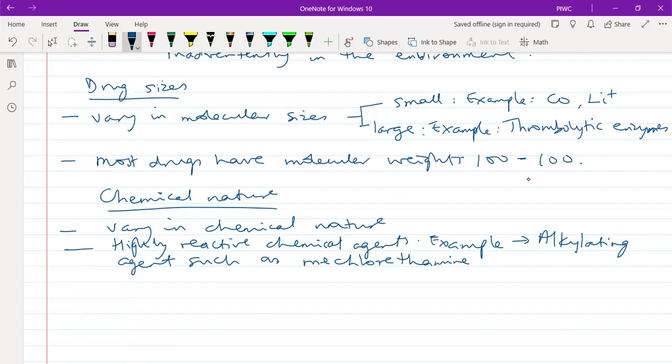And we could also have those that are inert. Okay? They are less reactive or non-reactive agents. So inert chemical agents.